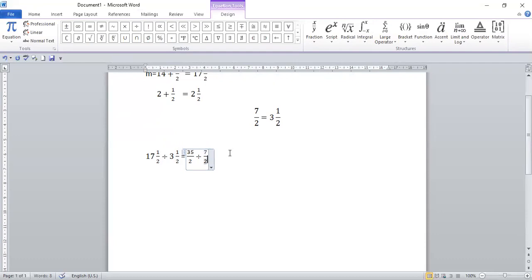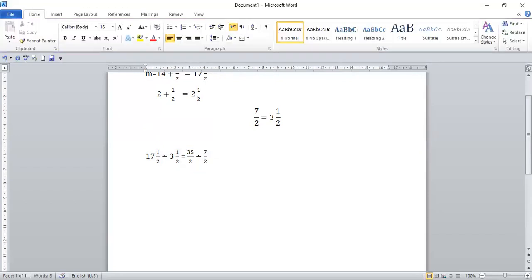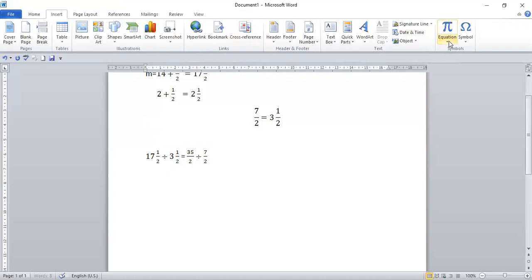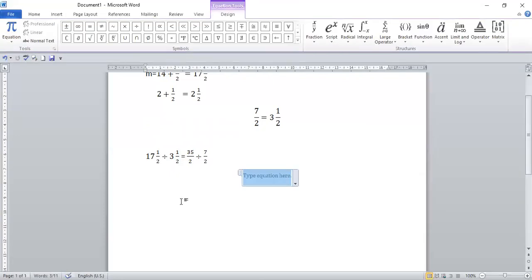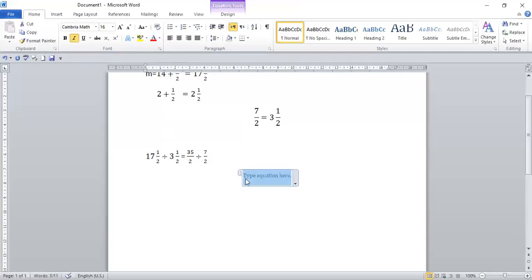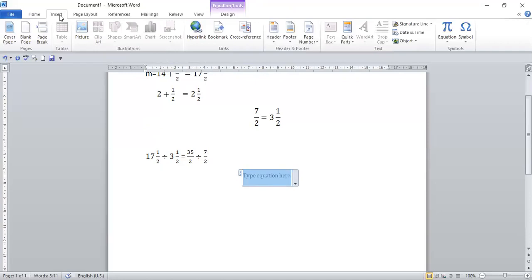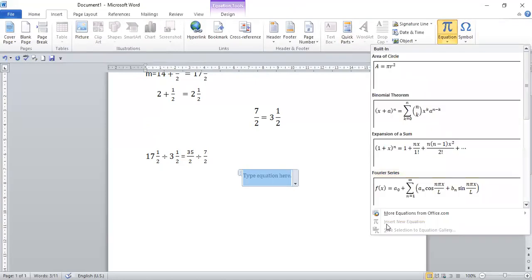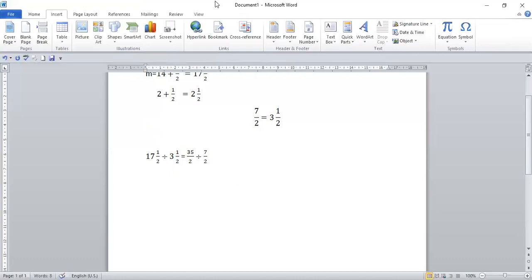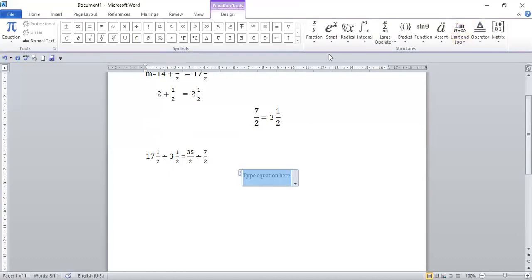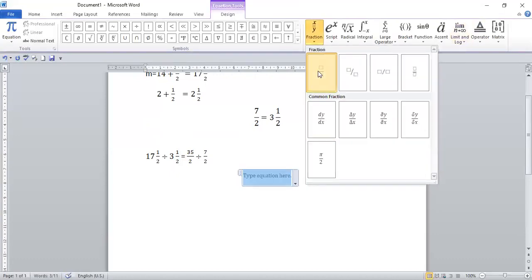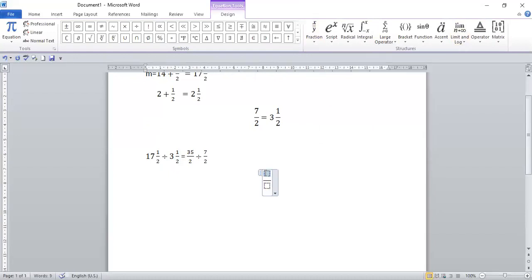Fine. As you know, we cannot divide in fractions. Of course, you have to be doing KCF. Once you do KCF, you're going to keep the first one the same. I'll just do it here. So 35 over 2 is going to remain the same.